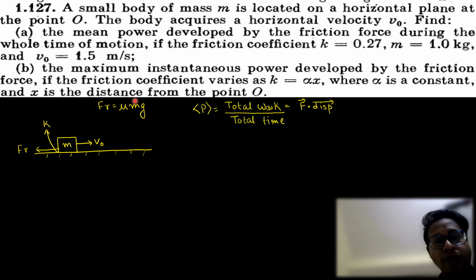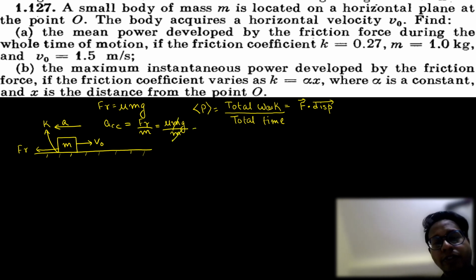If I know the force here, do I know the acceleration? The acceleration in the opposite direction is force divided by mass, or friction force divided by mass. Why? Because force equals mass into acceleration, so mu mg by m.